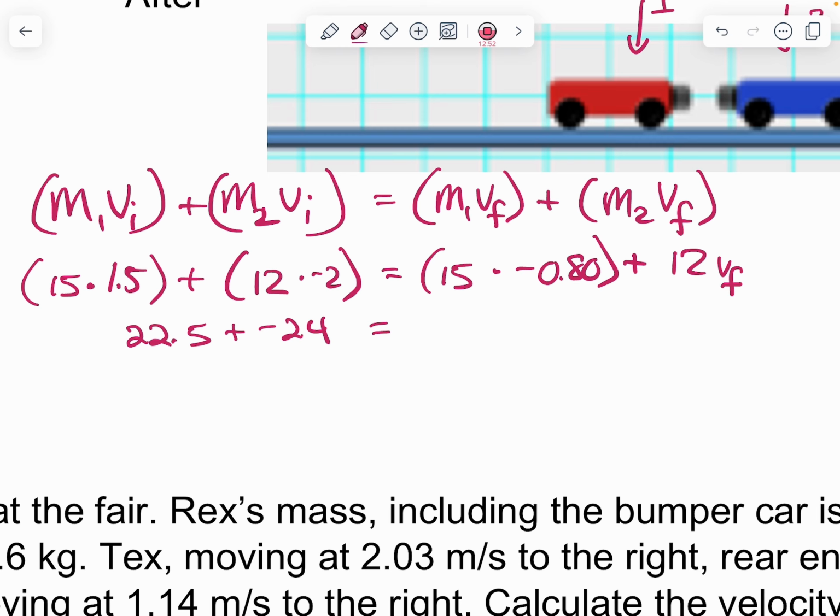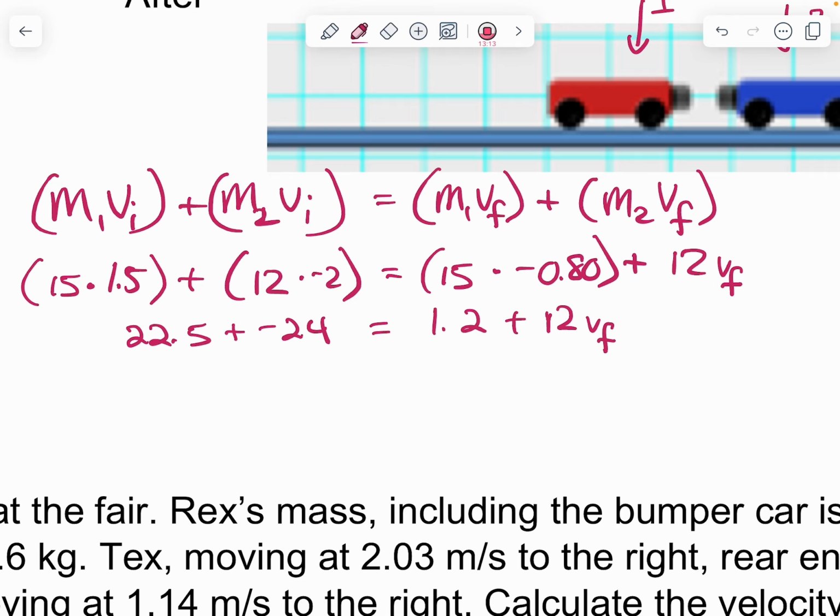You're using your calculator, right? You're not just copying. Okay, and then on this side, I've got 15 times negative 0.8, which is negative 12. And there's my 12 VF, so that's still what I'm solving for.